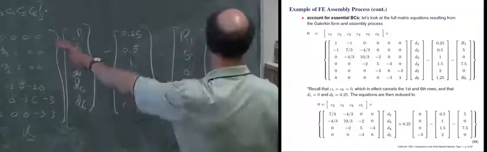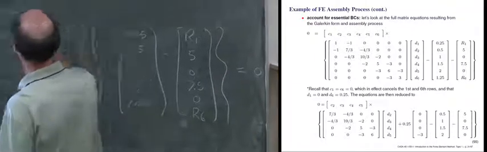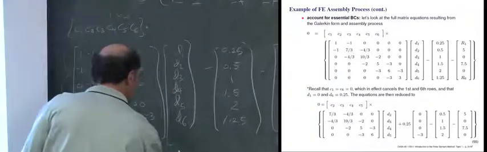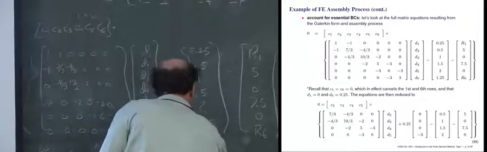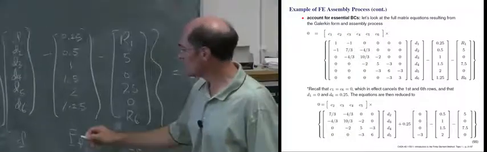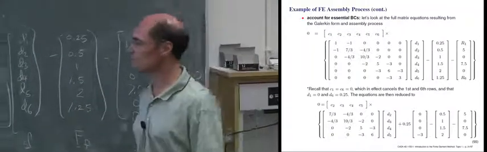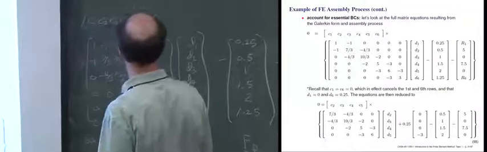Then 7.5, 0, R6. Closed brace, and this whole thing equals 0, all a scalar. This is 1 by 6, and this whole thing is a 6 by 1. This is D, this is F sub little f, and this is F sub capital F. No F sub G yet. We'll show you where F sub G comes from. It's actually on the board, but I'll talk about where that comes from.